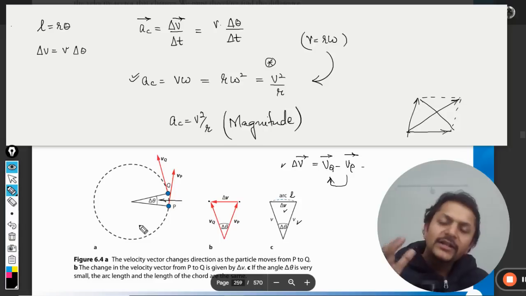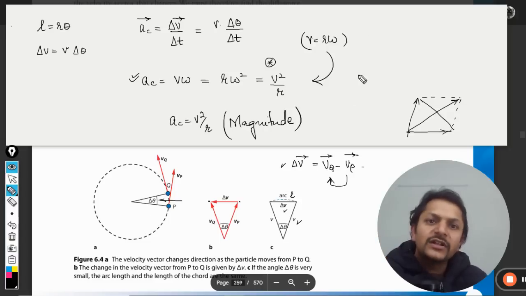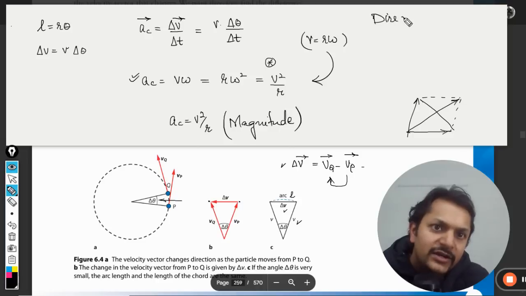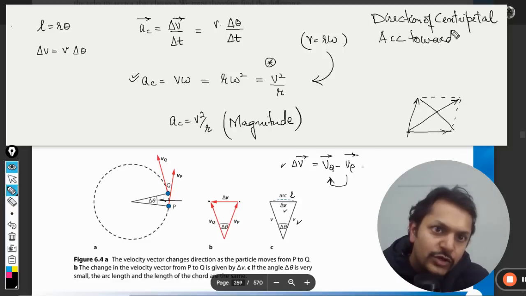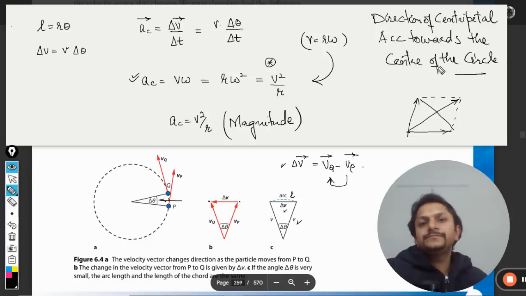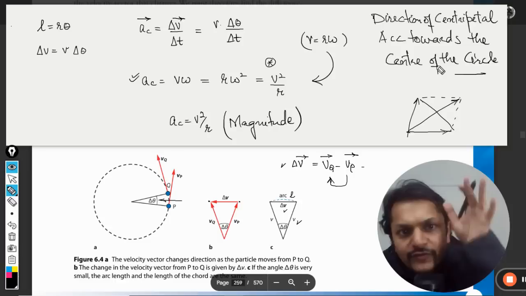I'm writing here that the direction of centripetal acceleration is always towards the center of the circle.